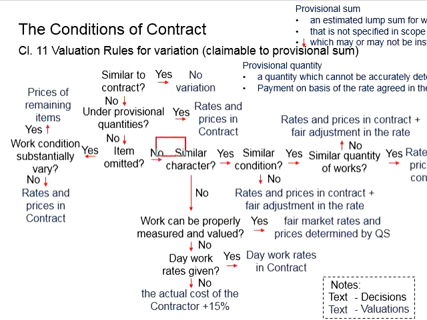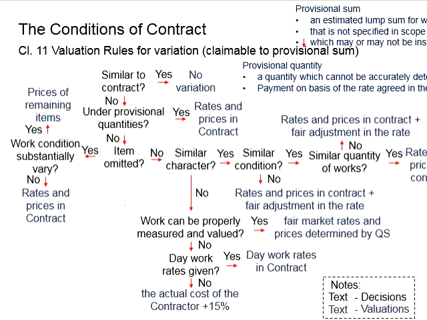Let's say now we cannot find any works which have similar character within the contract. That means this is something totally new. The relevant price and rate has not been agreed between the contractors and the employer. There is no precedent as a reference. Then this rule will follow.